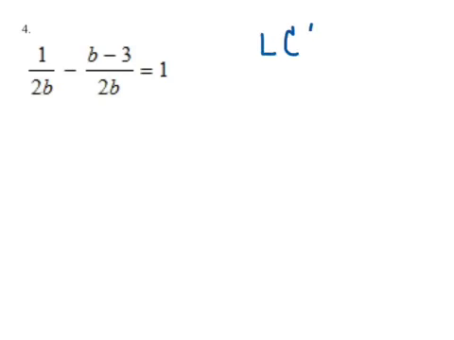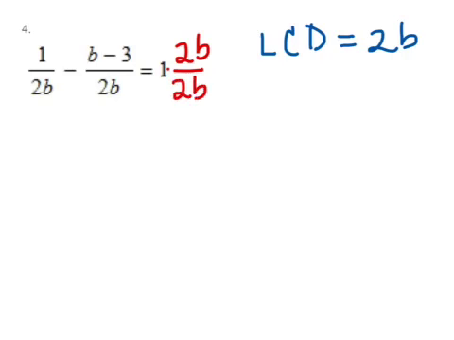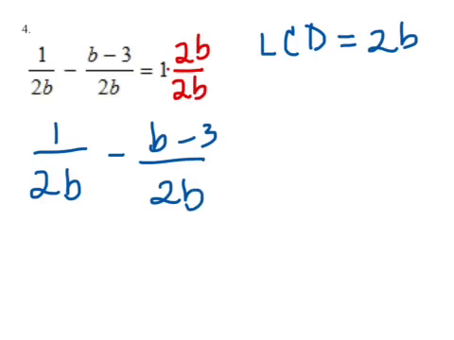In this case, our least common denominator is 2b, and what we need to do in order to obtain like denominators on both sides of the equation is to multiply this 1 by 2b over 2b. This way, when we rewrite our equation, we end up with 1 over 2b minus b minus 3 over 2b, which is equal to 2b over 2b.